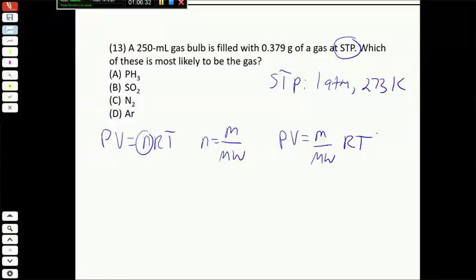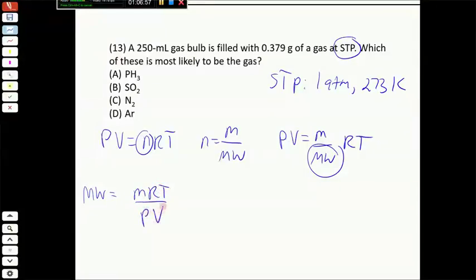Anyway, so PV equals mass divided by molar mass times RT. And so what we're solving for here is the molar mass of our unknown gas. So we can just write this equation as molar mass is equal to mass times RT over PV.